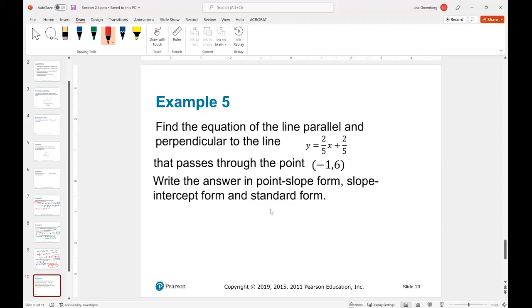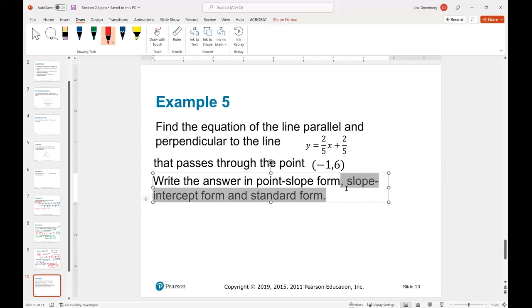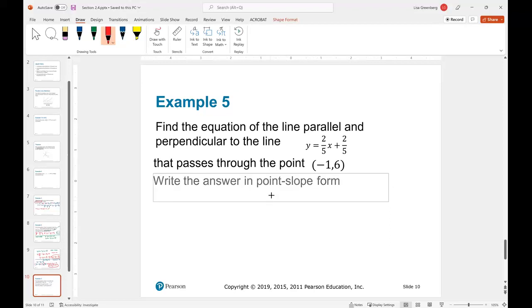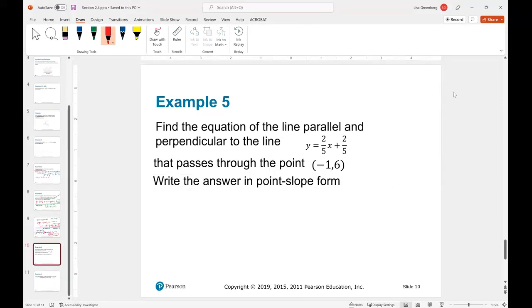Actually, I don't know. Let's just do it in point slope. I don't think we need to do it in all the different forms. I think that one time was good enough. So let's do this. Let's start off with y equals 2/5 x plus 2/5.